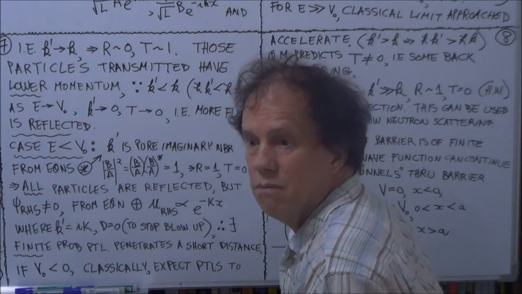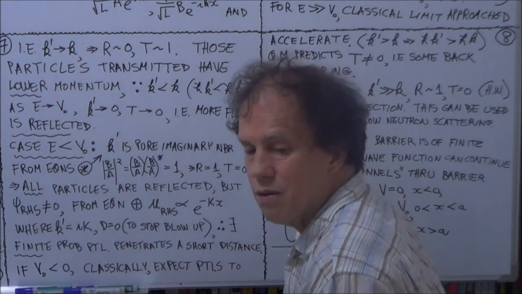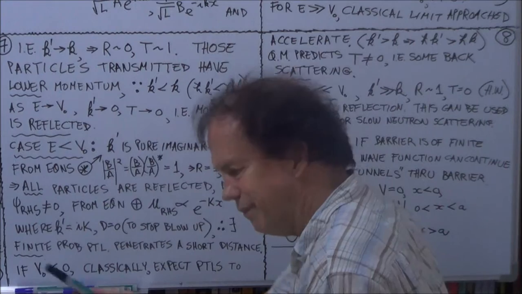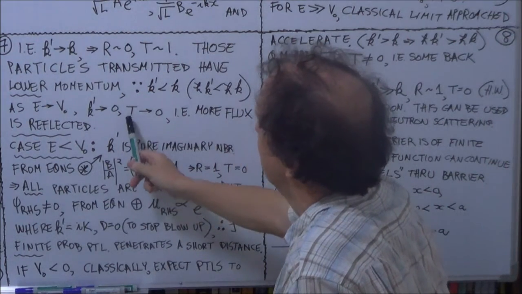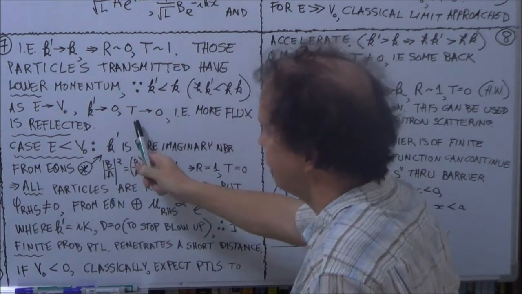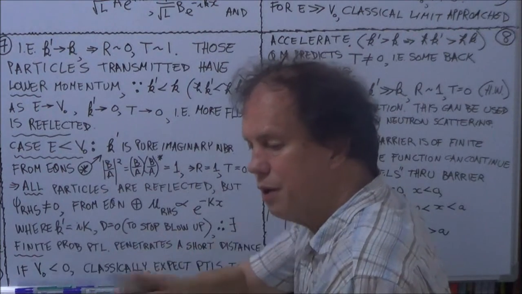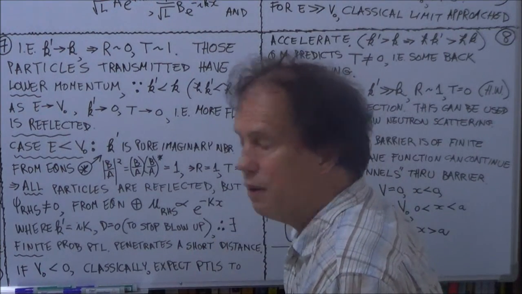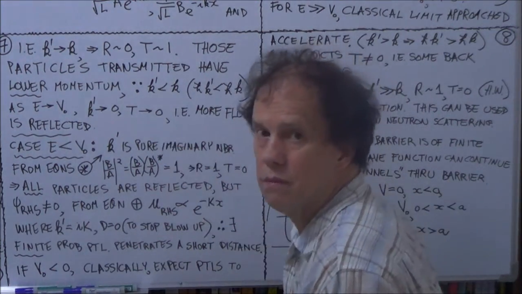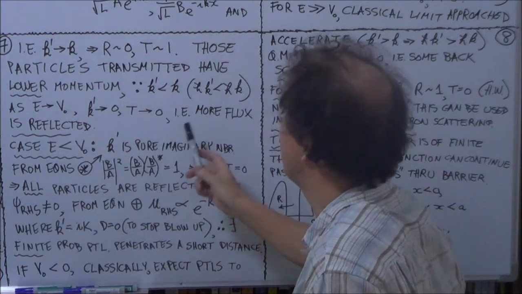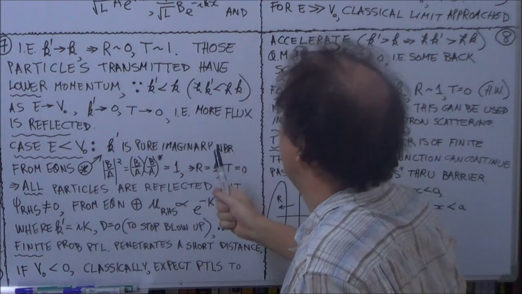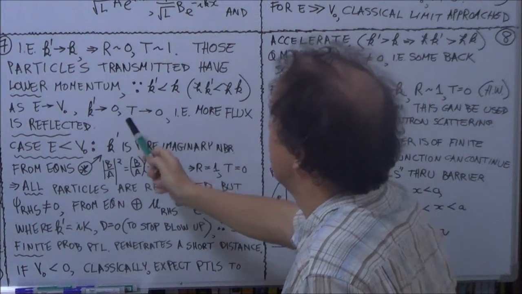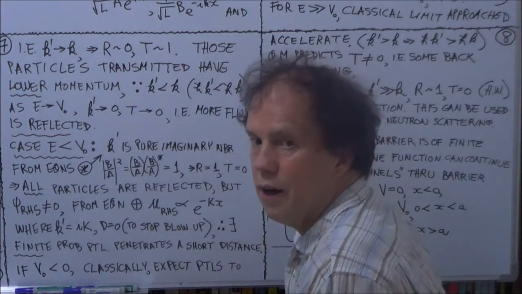So nothing gets through. Effectively, the fraction that continues on into the barrier goes to 0, right? So none transmitted.